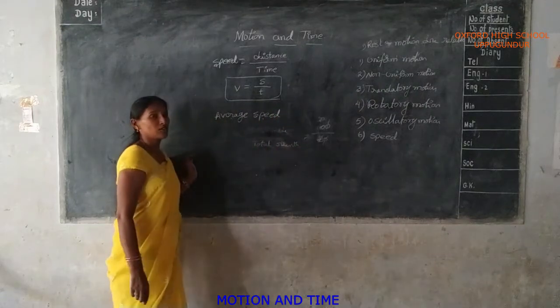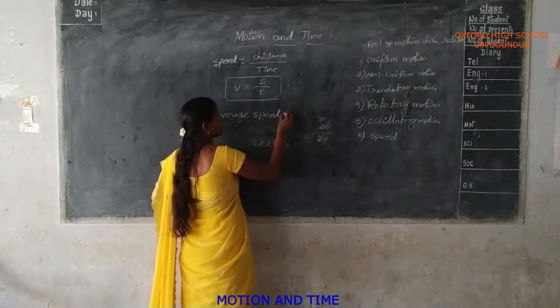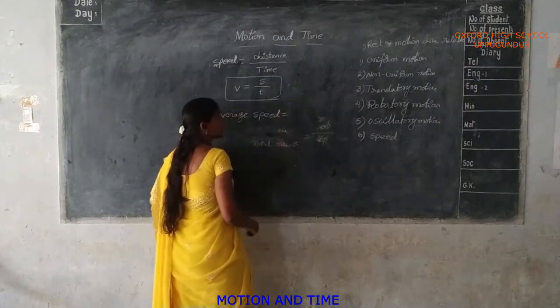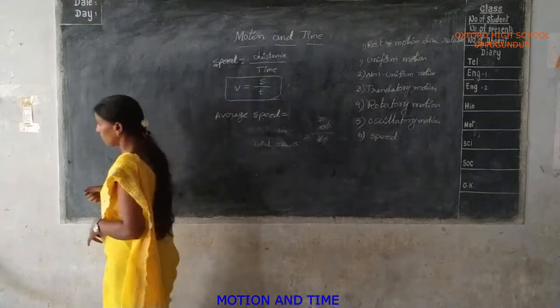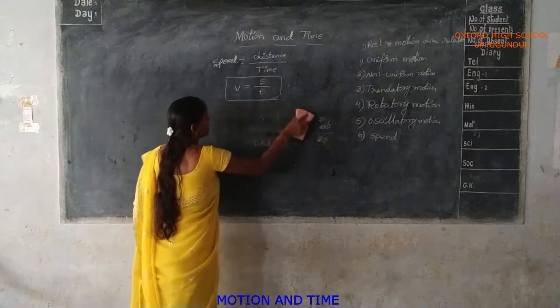Now calculate the average speed. Average speed is equal to total distance by total time taken. That is called average speed.